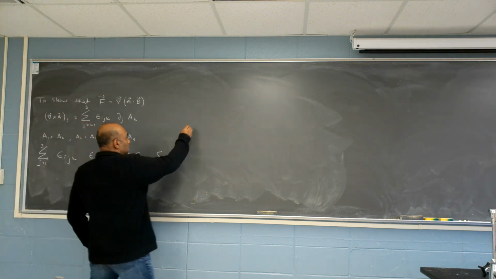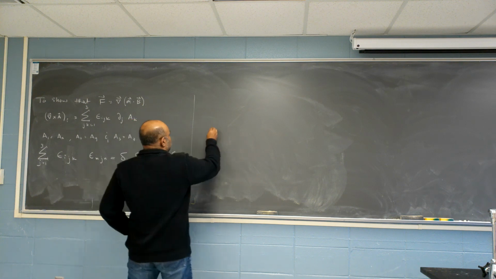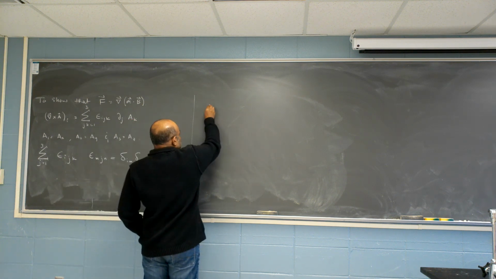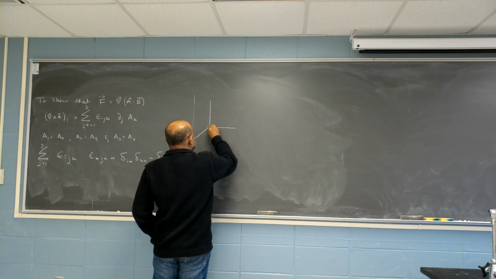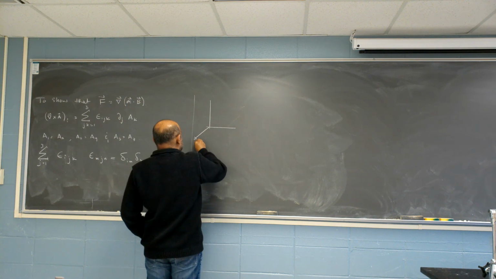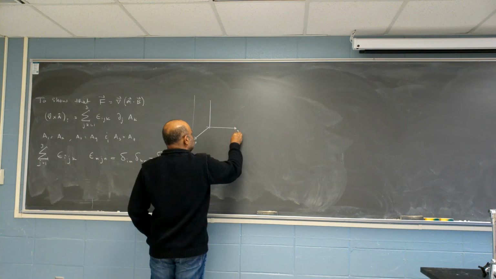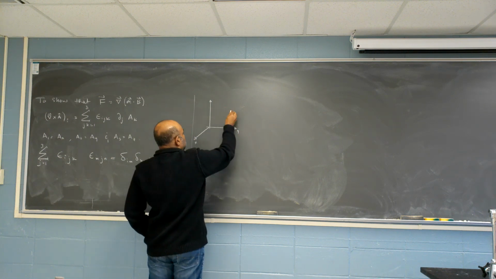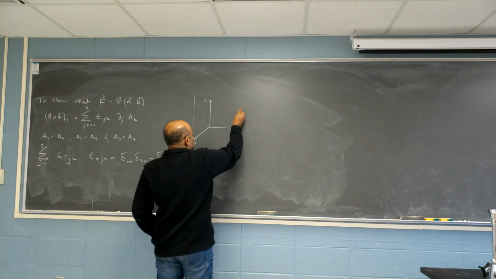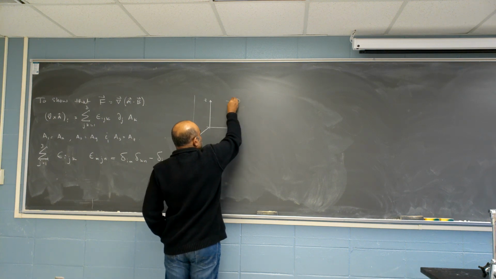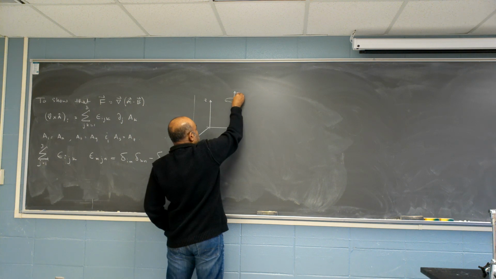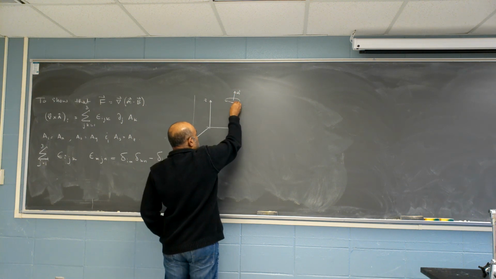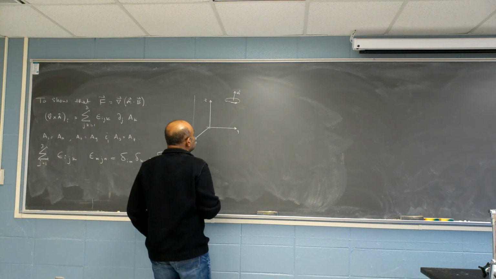And then what we have is a coordinate system and some sort of a current loop. So this is m here, and the current goes this way.